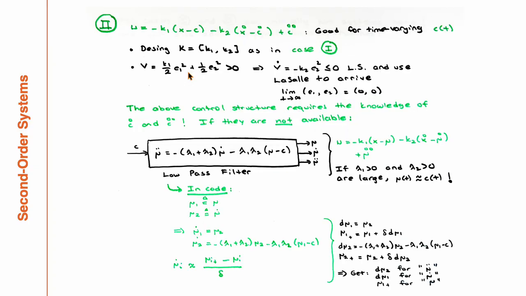So now for the first case, if you have watched the first order systems video on controller type 1 to track constant commands, I gave a numerical example. I am not going to give another numerical example for the second order system, but I do give an example for this type of controller, which is good for tracking time varying commands.